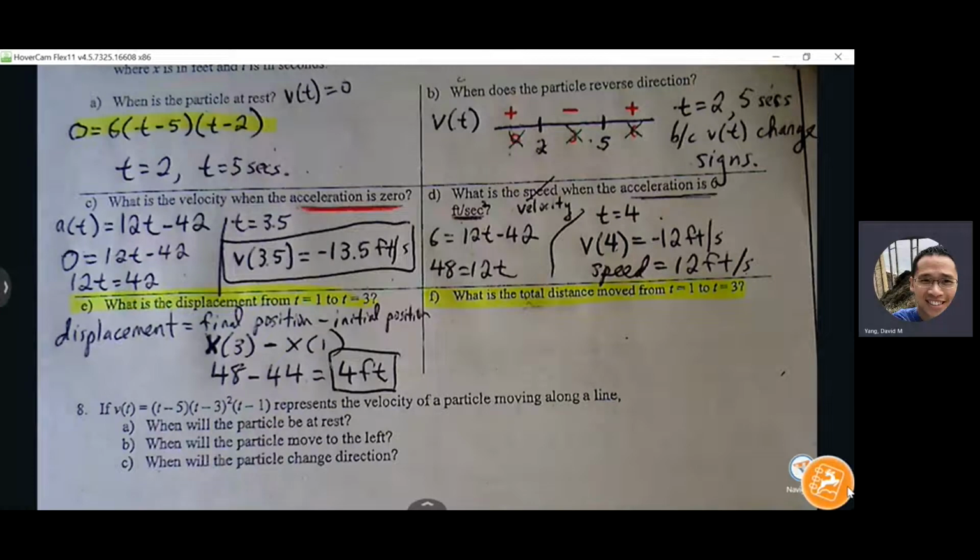Displacement is just where you are versus where you started. We don't care if this particle has changed direction and moved forward and moved backwards. We just want to know what's the forward progress made from the starting point to the ending point, and starting time to the ending time.